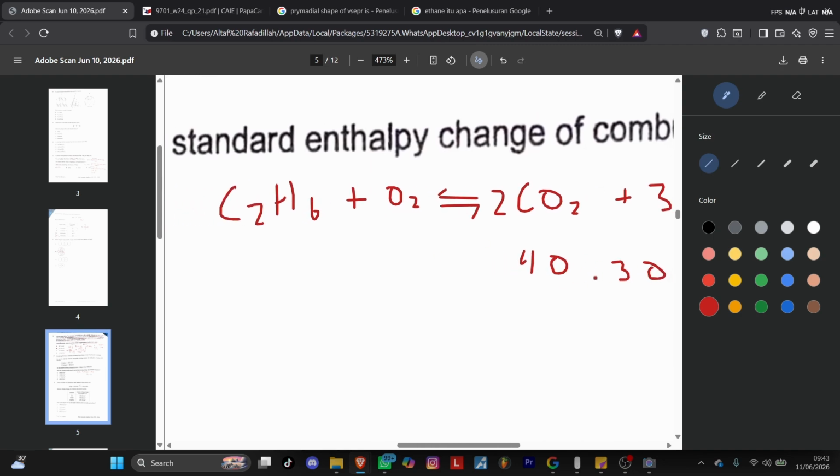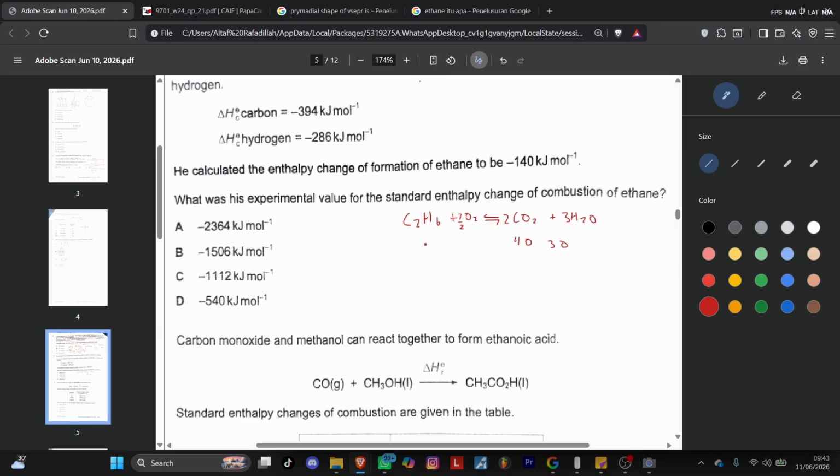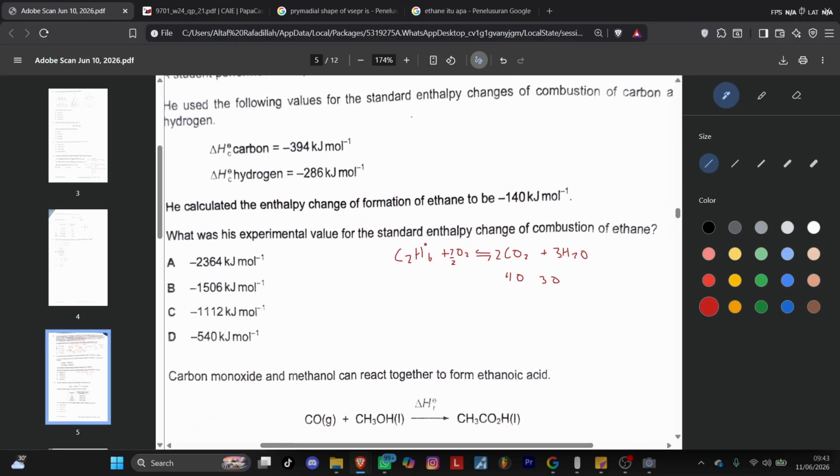So the total is 7. But 7 times 2 is 14, we need to cancel out the 2. We just add the 2 in here. Okay, we have already made the equation for the enthalpy change of combustion of ethane.